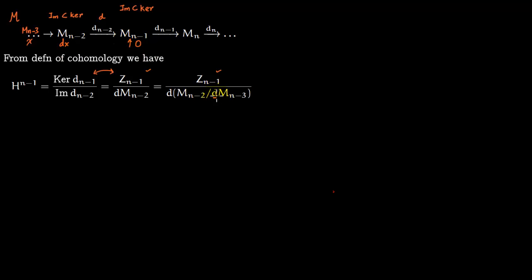So this is anyway 0 once you apply d to it. So we can incorporate this image of the module M n minus 3 here, because this will become 0 here. As you can see, x becomes dx, and then this becomes d squared x, which is 0. We are writing in this form because we need this form.